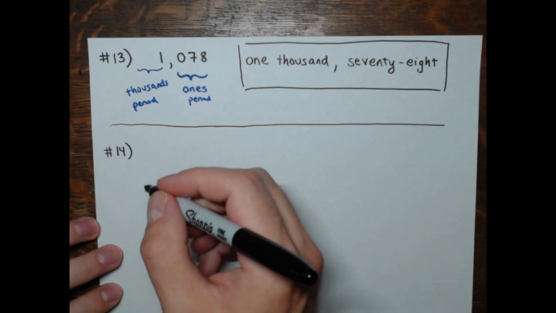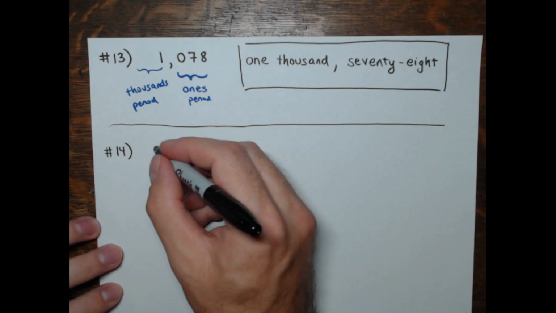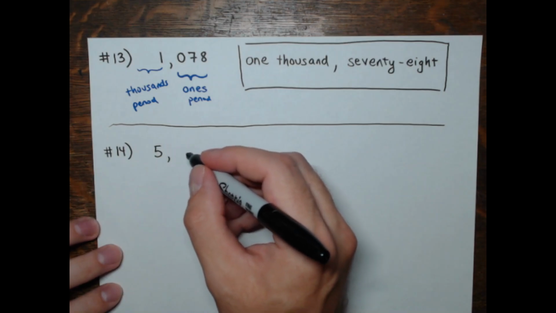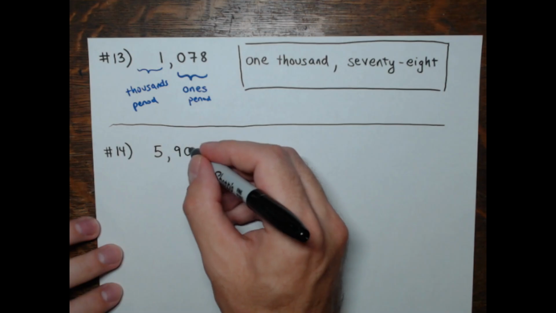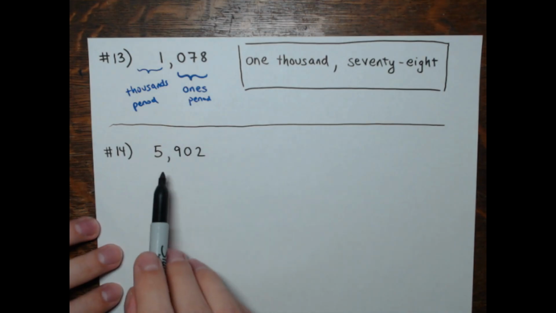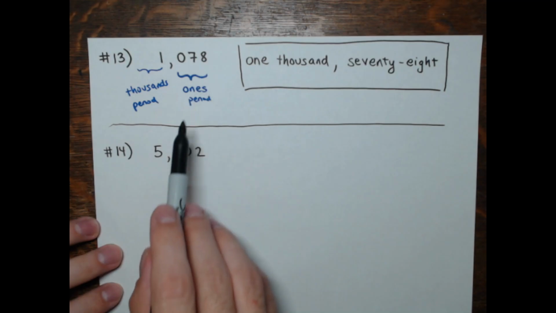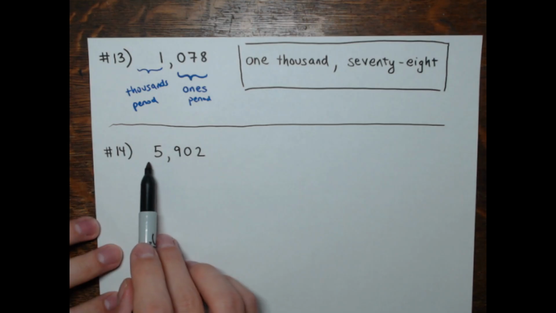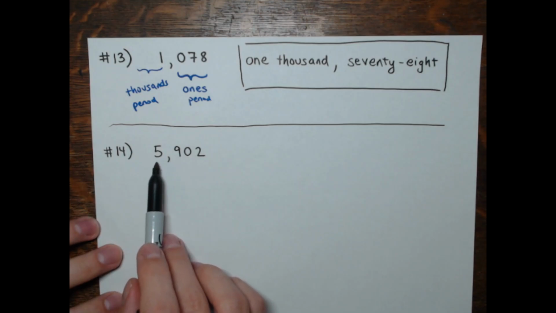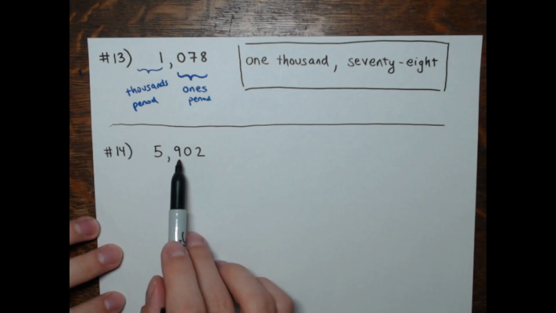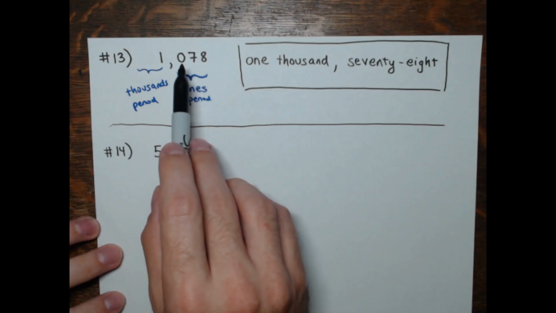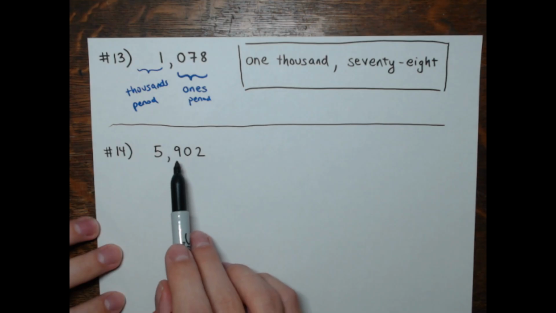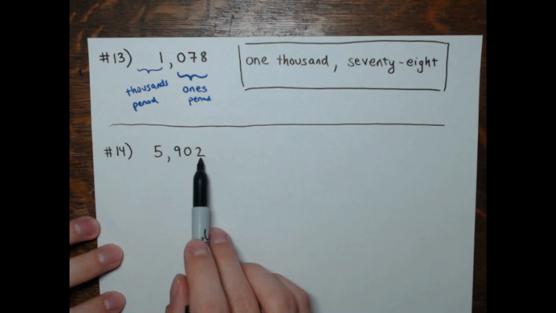So number 14, we're given this number here, 5, comma, 902. Very similar to the previous one. All right, so I'm not going to write the periods again, but we have 5,000. And then now there's 100, right? Earlier there was 0 hundreds, but now there are some hundreds, 9 hundreds, and it's 902, right?